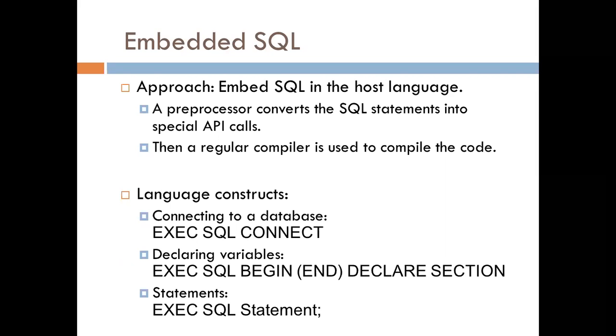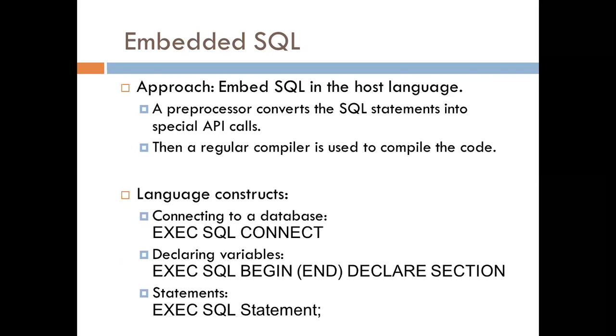Here are a few constructs we have. In order to connect to the database, we must execute the command exec sql connect. This will connect to the database. If you want to declare a variable, then we can write exec sql begin declare section, and it has to be ended with an end command.